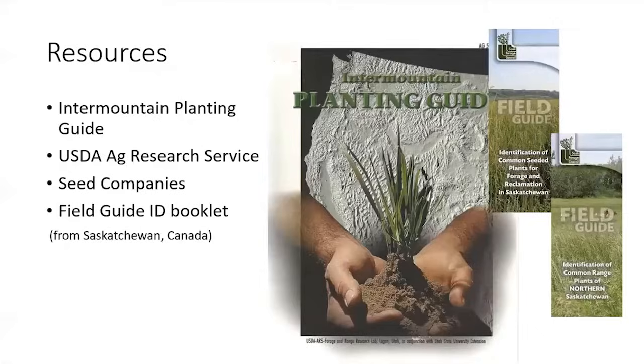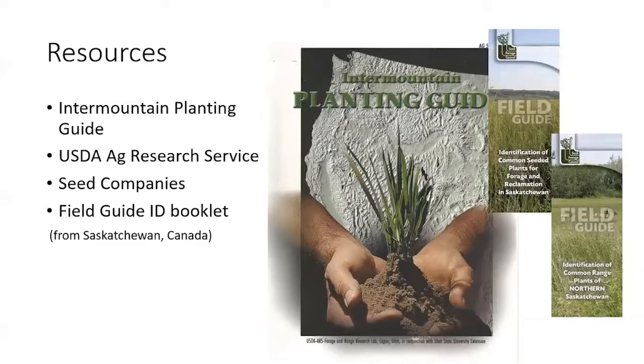In my last slide here, I've got some resources that you can go to for finding grasses that will fit, and legumes, and a lot of other species. The Intermountain Planting Guide was put together by guys here at the Forage and Range Lab in the Ag Research Service.